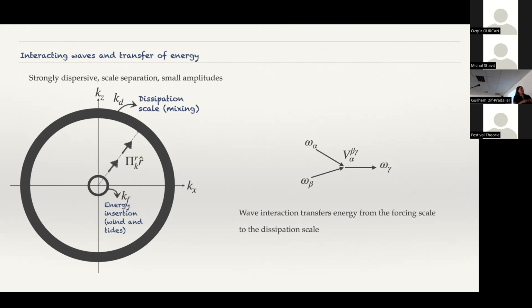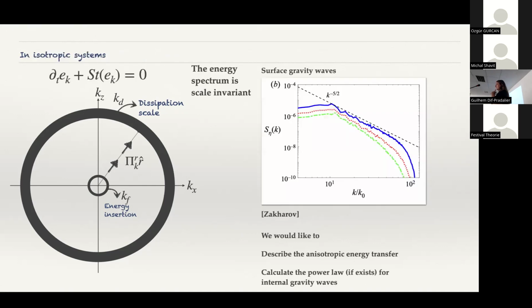But fundamentally, before we started working on this problem, it was not clear to us that this is what we're going to see for an anisotropic system. And if we are seeing something like that for an anisotropic system, one thing that we would like to do is, for example, try to compute this power law from first principles, from the equations.